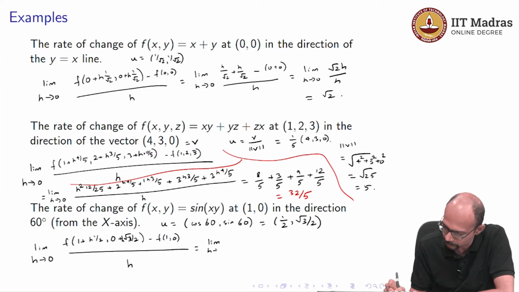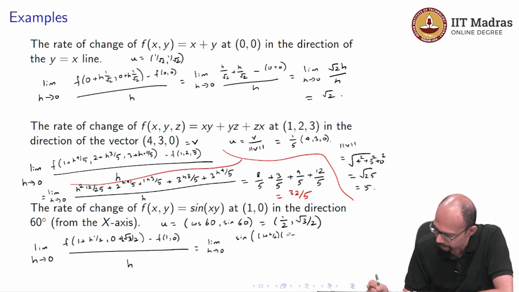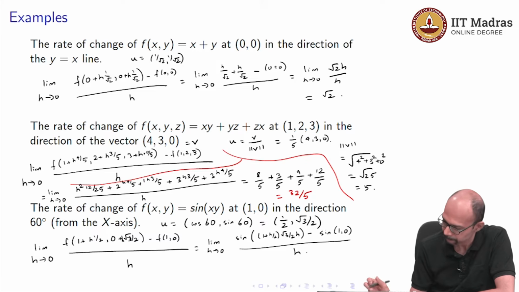Limit h tends to 0, sine of (1 plus h by 2) times (0 plus root 3 by 2 times h), minus sine of (1, 0), divided by h.